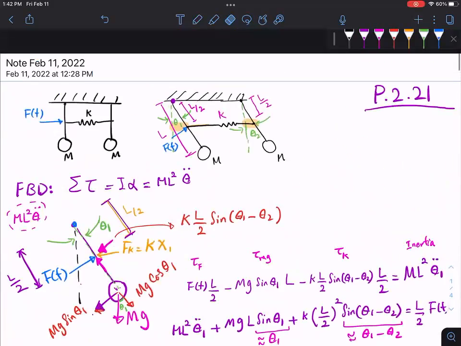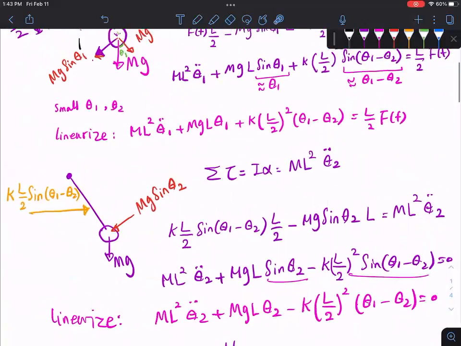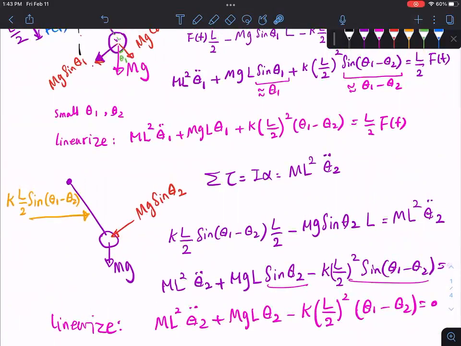For the second one, we need to go and write the free body diagram for this part. So the forces applied to this is from the K, same, but in the opposite direction. So I draw this pendulum. I have the same force, but in opposite direction. The only other force is my mass, so from the gravity. And if you write the component that actually has a torque, it is mg sine of theta 2.